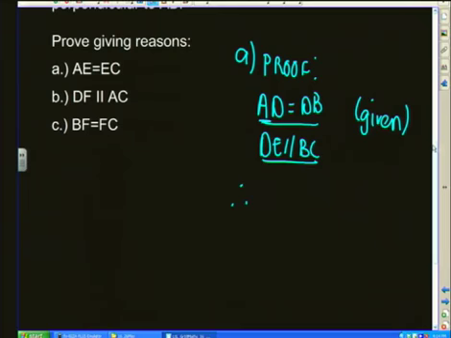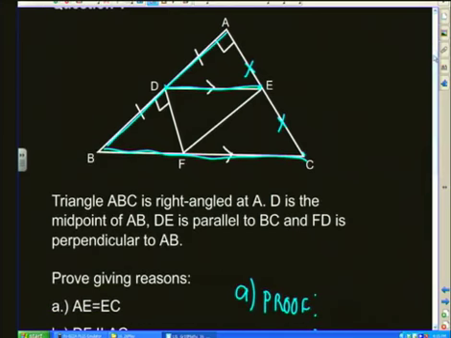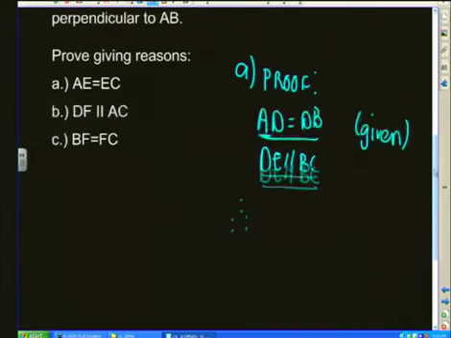Therefore, it stands to reason, if AD is equal to DB and DE is parallel to BC, by logical deduction, AE must be equal to EC, because that's what the midpoint theorem says. The line joining the midpoints of two sides of a triangle will be parallel to the third side of the triangle and equal to half of it.